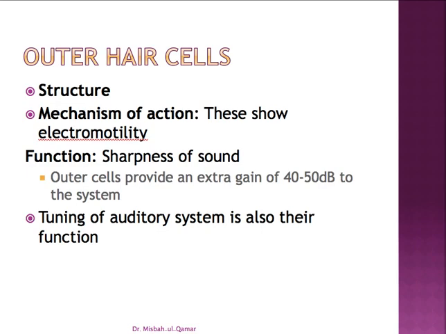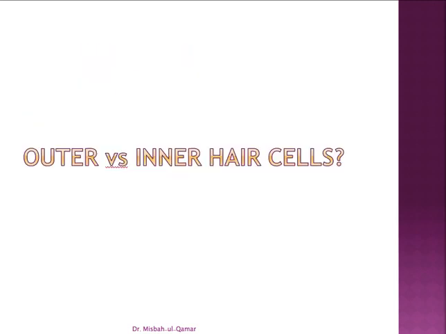So, on the basis of all the data given about the inner and the outer hair cells, now you have to draw a column of differences between the outer and the inner hair cells.